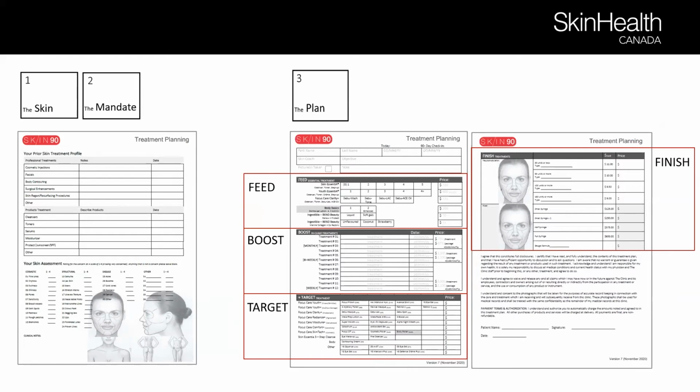But what Skin90 attempts to do is re-vector that a little bit, which is to say that if we're going to look to achieve any kind of skin goal with a client, it always needs to start with what they're doing at home. What they're doing at home is the kind of habit they're forming around their skin, and it's where we can have the biggest lifelong impact on their goals and on their skin.